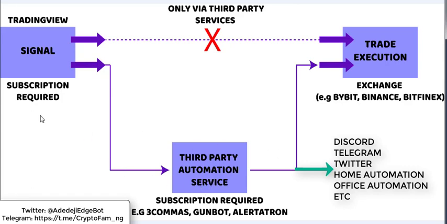So I think this should be self-explanatory. You can't go from here to here straight. You need to go through third-party services, and from here you can do a lot of things.